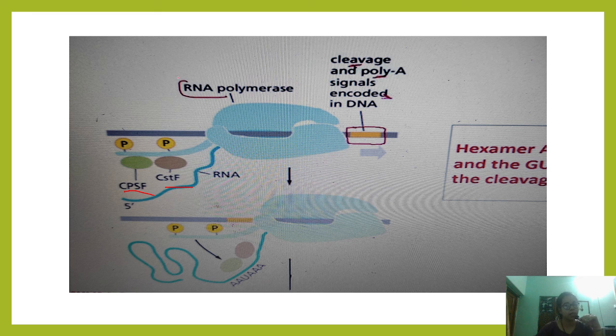Okay, so see here, this is the RNA polymerase, this is the tail region, here already the CPSF and the CSTF will be present. When this RNA polymerase reaches this signal end, then what will happen, these factors will be attached to it and the polyadenylation will begin.